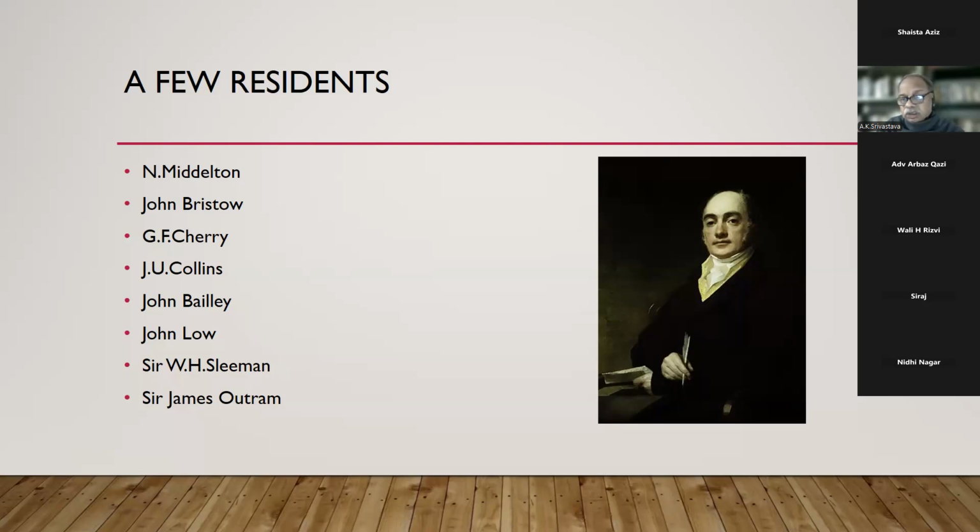Sleeman, we all know, the man who eliminated the Pindaris, but was instrumental in writing a report which ultimately led to the annexation of Awadh. And Outram was the last resident and the first chief commissioner.